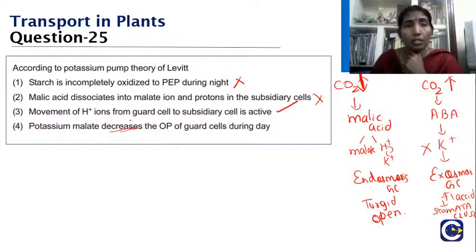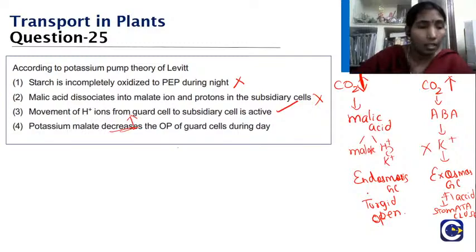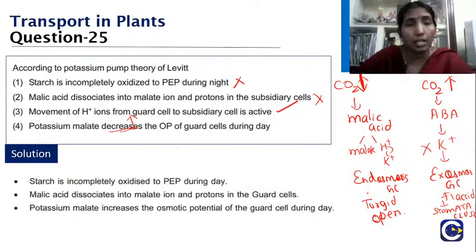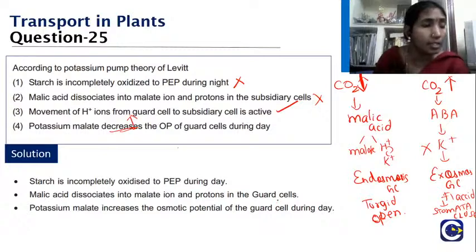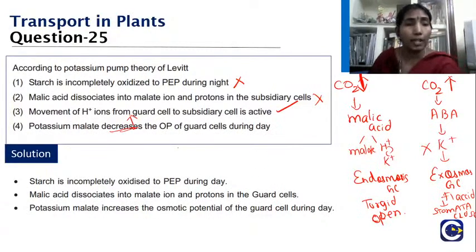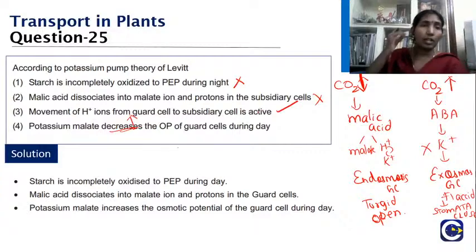It's not a decrease; it will actually increase the osmotic potential of guard cells during the day. That is why they become more turgid. So what should be your answer? The starch is incompletely oxidized to PEP during the day, not the night. Malic acid will dissociate into malate ion and proton in the guard cell, children, not the subsidiary cell. And at the same time, the potassium malate will increase in the guard cell during the day, not decrease. Okay, so that should be your answer.